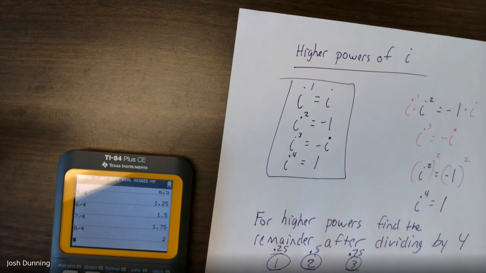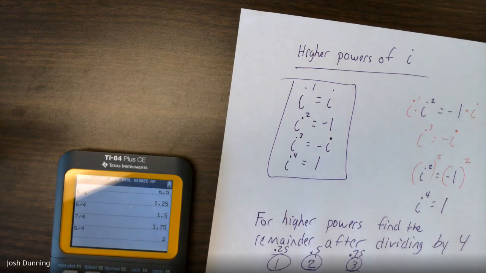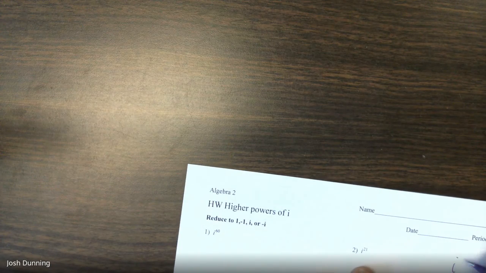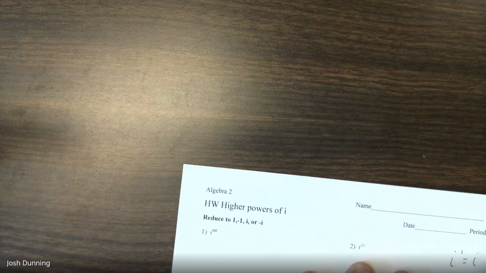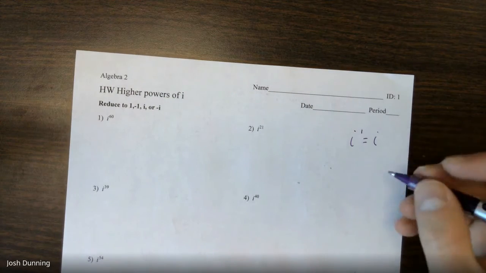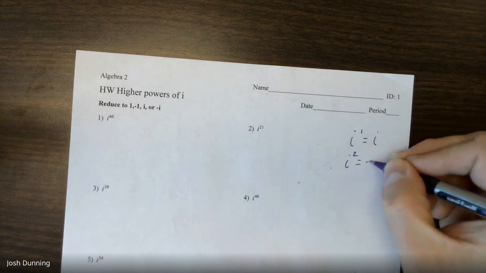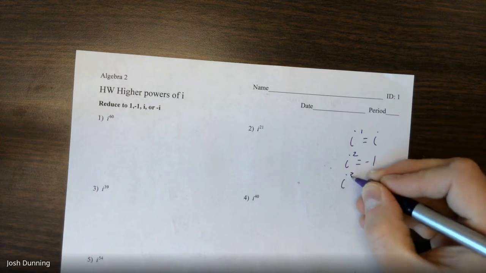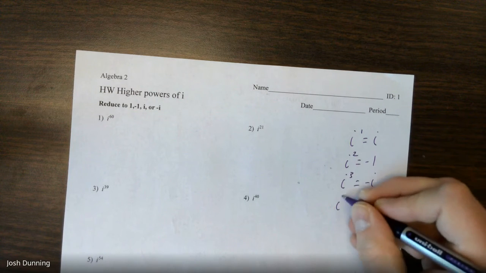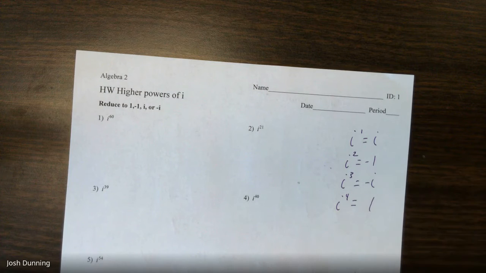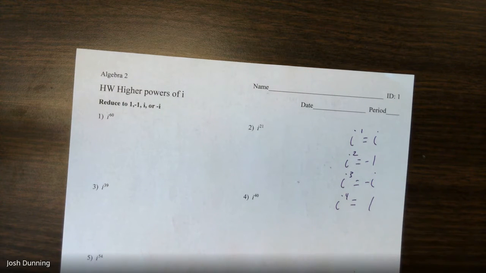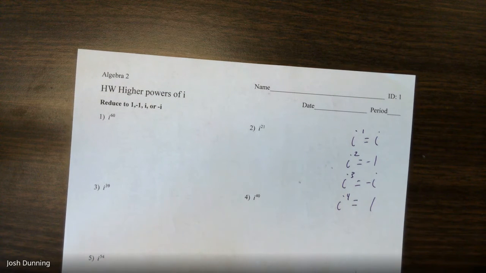So what we're going to do is use our key here. I'll transfer it over to the front. i to the first is i, just like x to the first is x. i squared is -1. i cubed is -i. i to the fourth is +1. This is our key. If you don't remember how to come up with it, just memorize it.